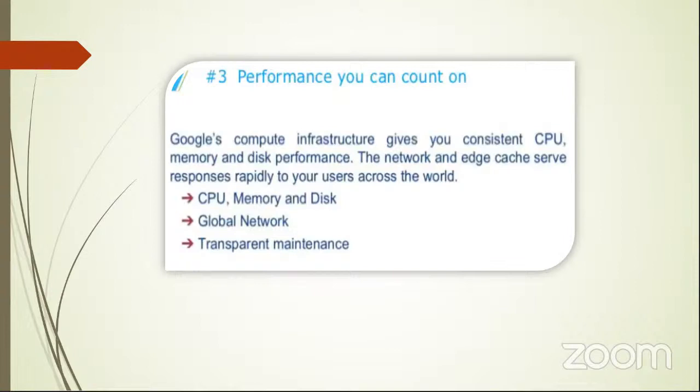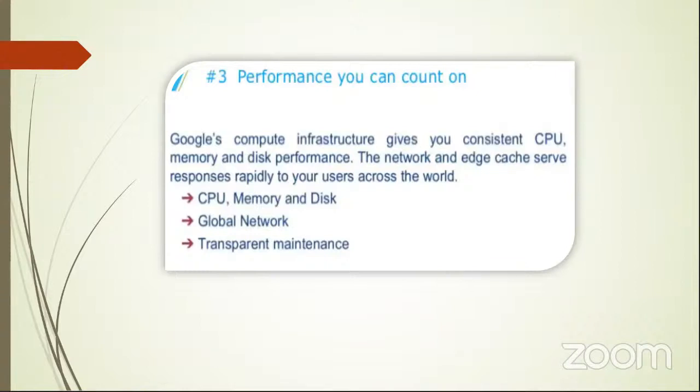It's always faster, and it gives you all accurate values or searches, right? So GCP is using the Google Cloud platform, so we in turn get the same performance that is required for any services you run on, right? So that is the reason Google Cloud is more preferred, right?